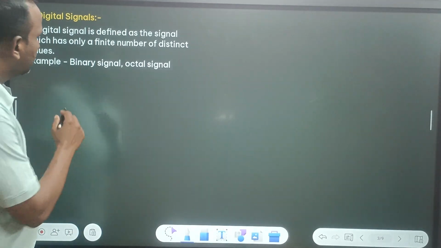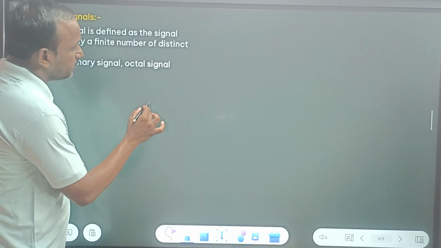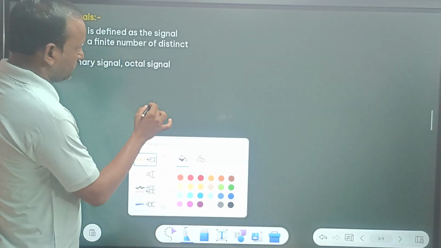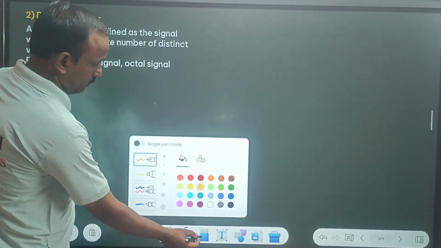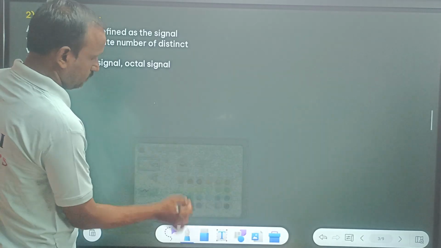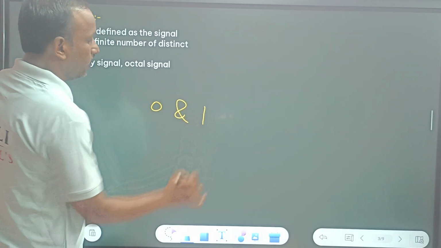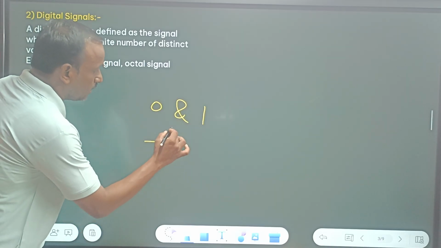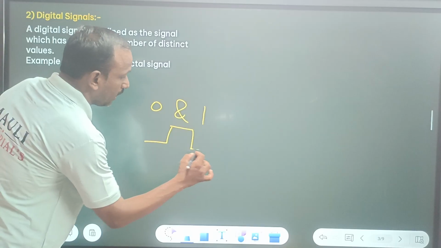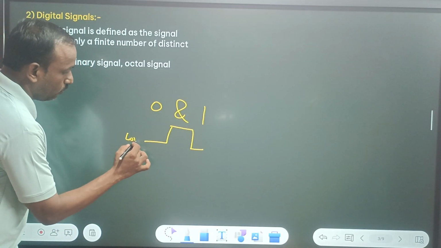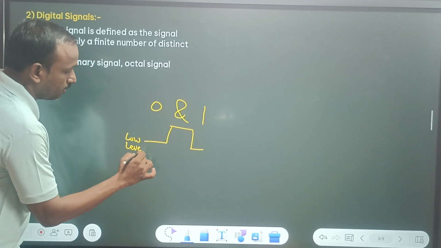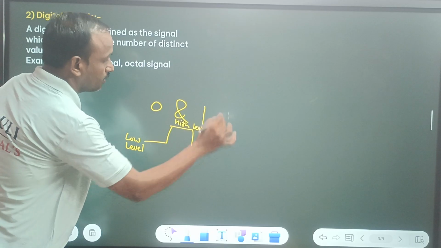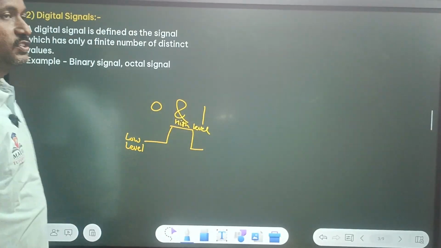If we consider binary signal, then the binary signal is represented by using only 2 values, that is 0 and 1. 0 can be considered as the logic low level and 1 is considered as the logic high level. Low level and this one is high level. This is the digital signal.